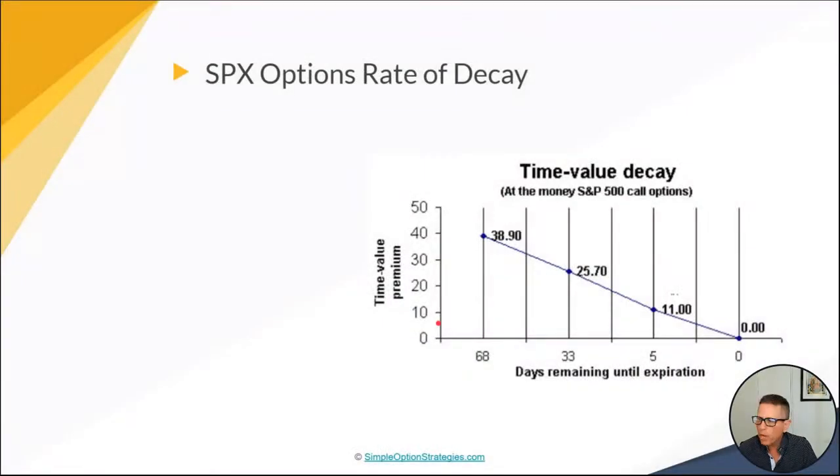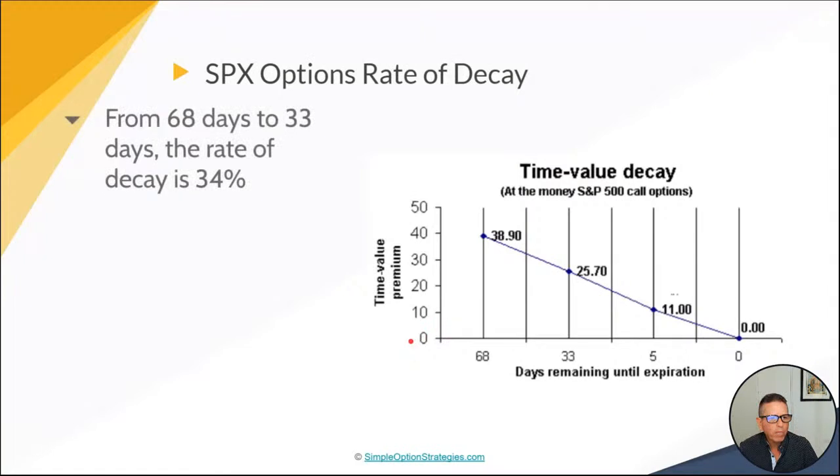All right, so let's talk about options decay, the rate of decay. And this is one of the profitability factors and probably the strongest one for trading these options. Okay, so this is what happens to the life of an option from, let's say, 68 days to 33 days.